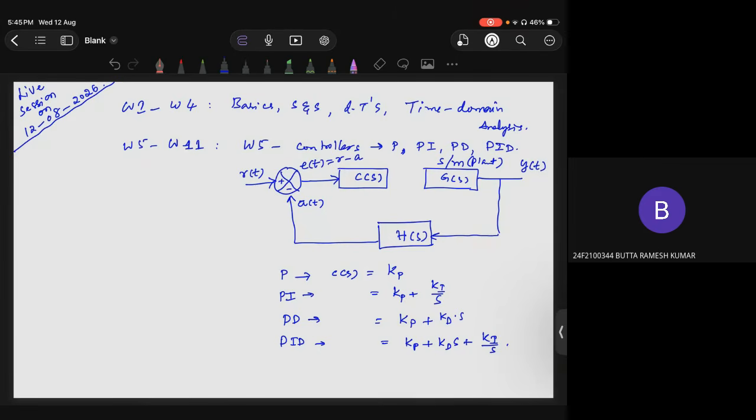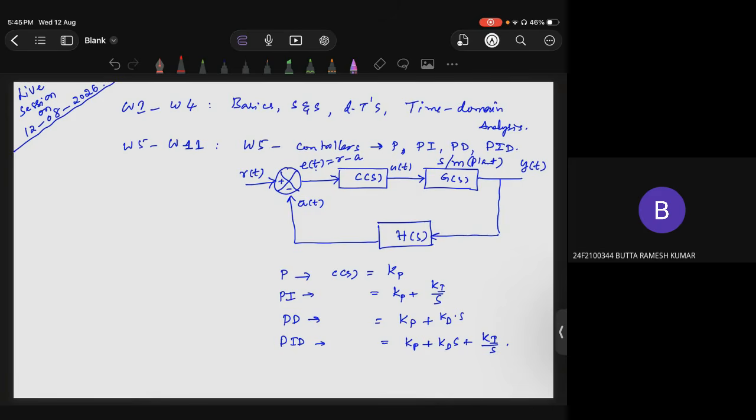In that case, the C of S input is E of t. The output is U of t, which is nothing but the controller output.